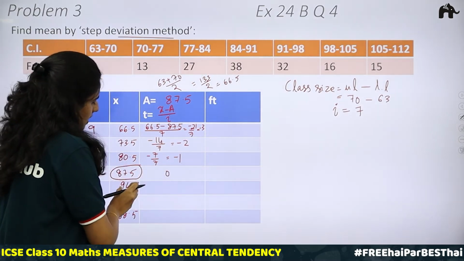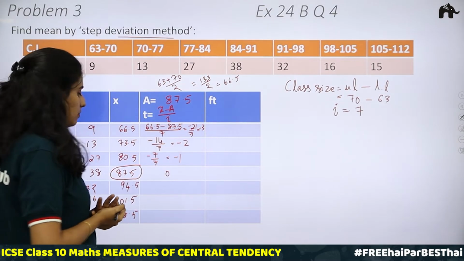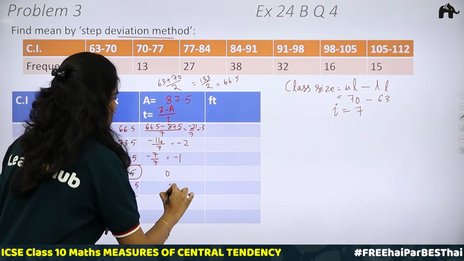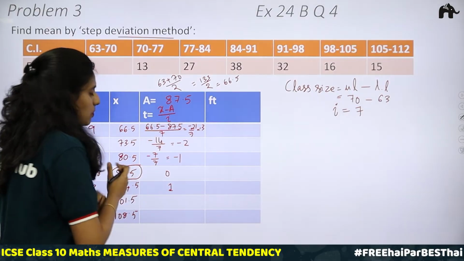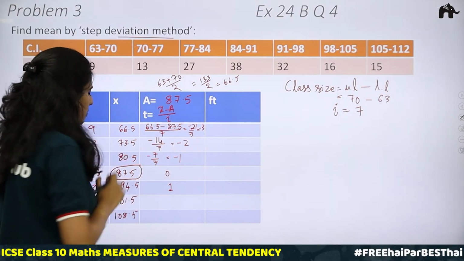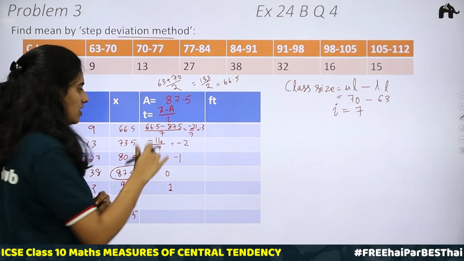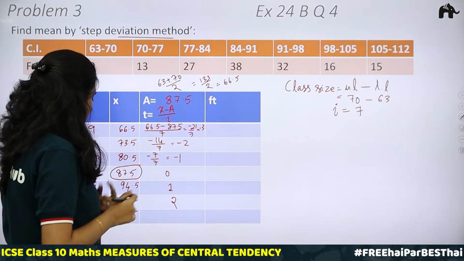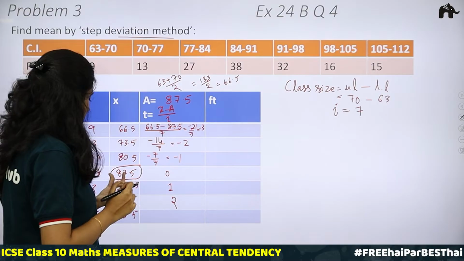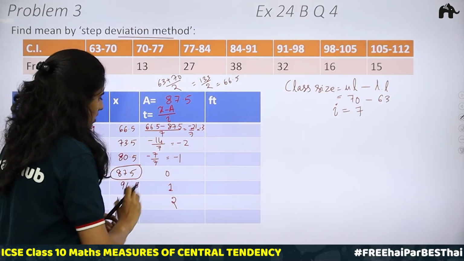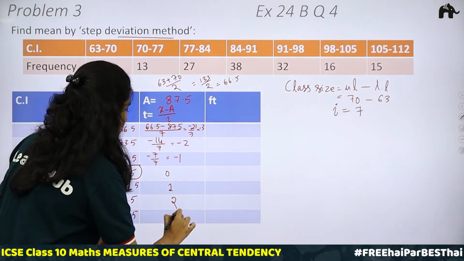Next, 94.5 minus 87.5, you will be getting 7 divided by 7, that is 1. 101.5 minus 87.5 is equal to 14. 14 divided by 7 will be equal to 2. 108.5 minus 87.5, you will be getting 21. 21 divided by 7 will be 3.